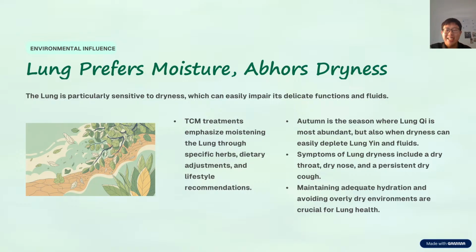Common symptoms include dry throat, dry nose, and dry cough with little phlegm. Therefore, treatment and health preservation focus on moistening the lung. So the lung prefers moisture over dryness. What does that mean?